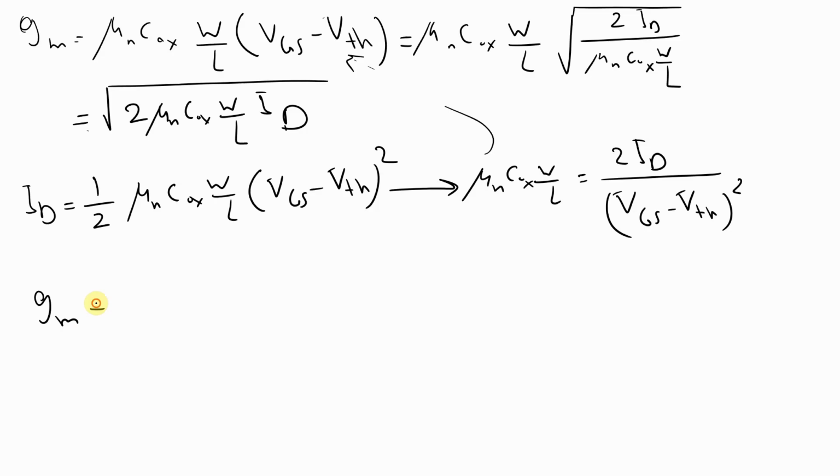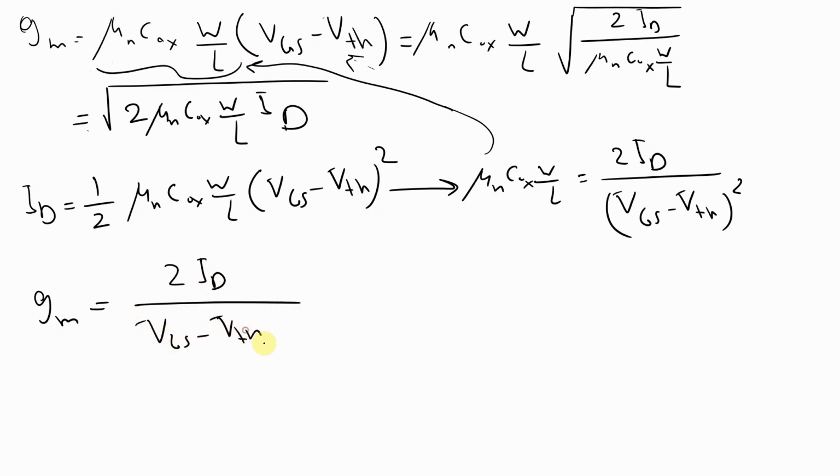So we have gm, and instead of this one, I'm going to use this formula. So we have 2 times ID divided by VGS minus V threshold to the power of 2 times VGS minus V threshold.